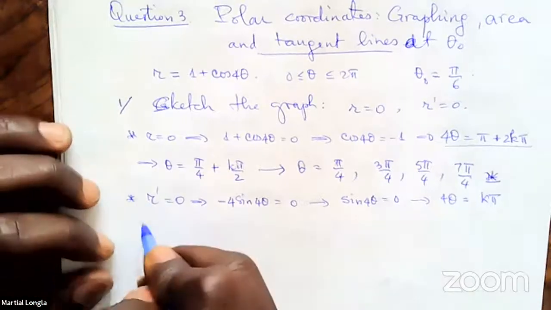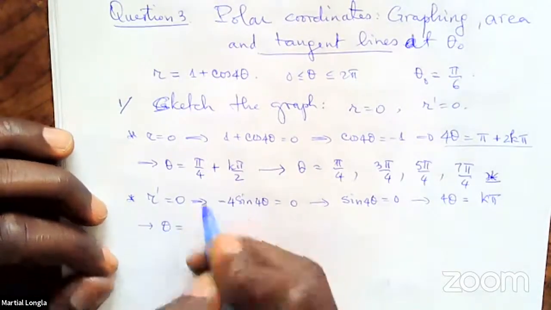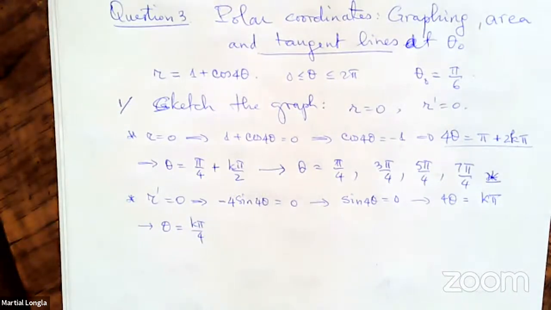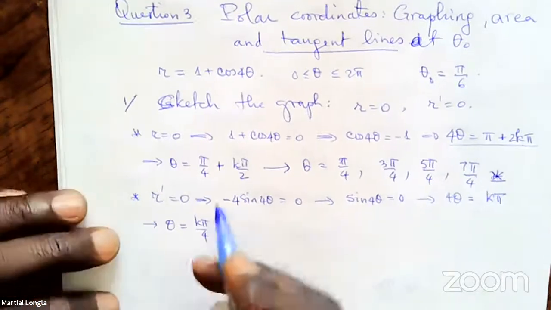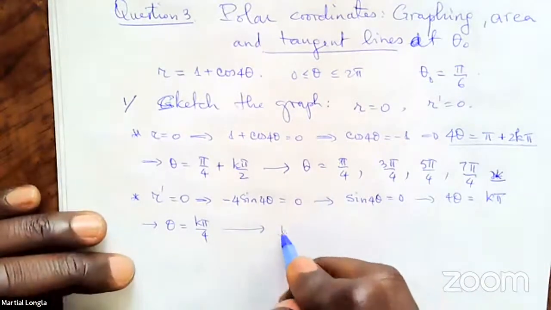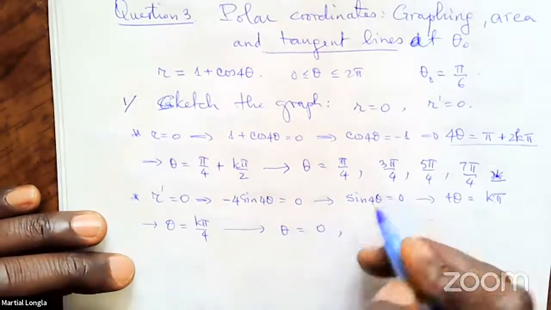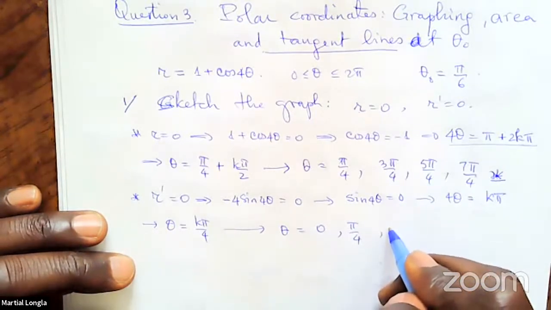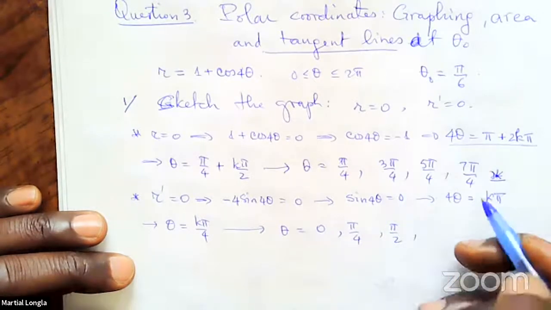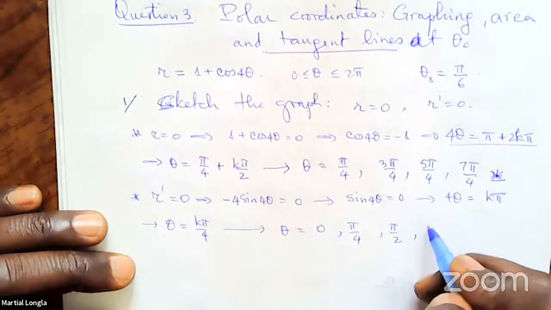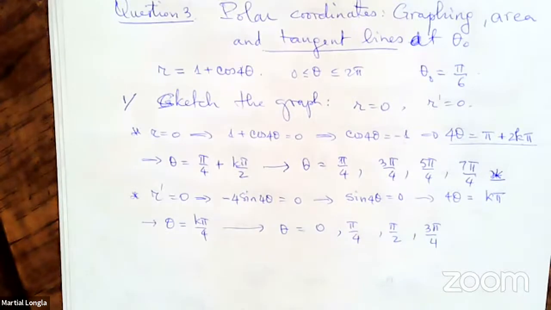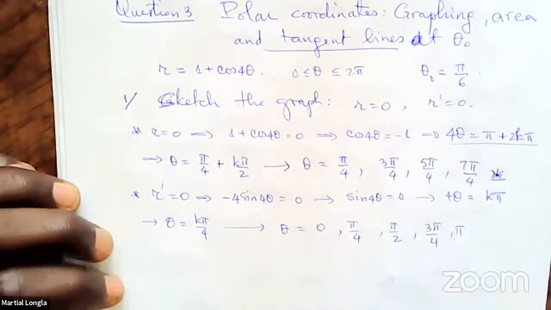And now you're going to solve that. You're going to get theta equals k pi over 4. So here, you start plugging in those values. Theta equal, you got 0 for the first one, pi over 4, pi over 2, and then 3 pi over 4, and pi.